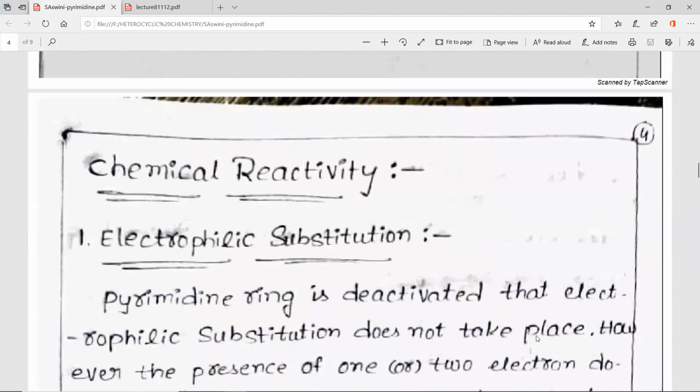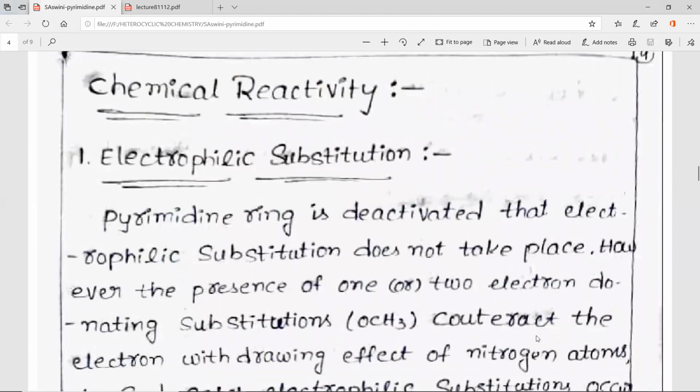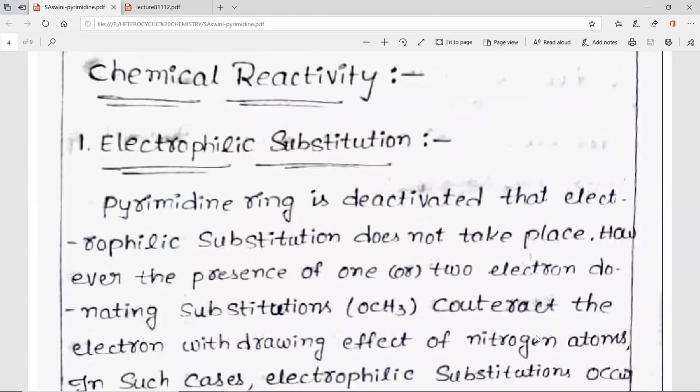So, chemical reactivity. The 2 nitrogen atoms which are present in the pyrimidine ring are electron withdrawing, like that of the nitrogen atom in the pyridine. This makes the entire ring system electron deficient. Therefore, substitution of electrophiles in the pyrimidine ring system is difficult.